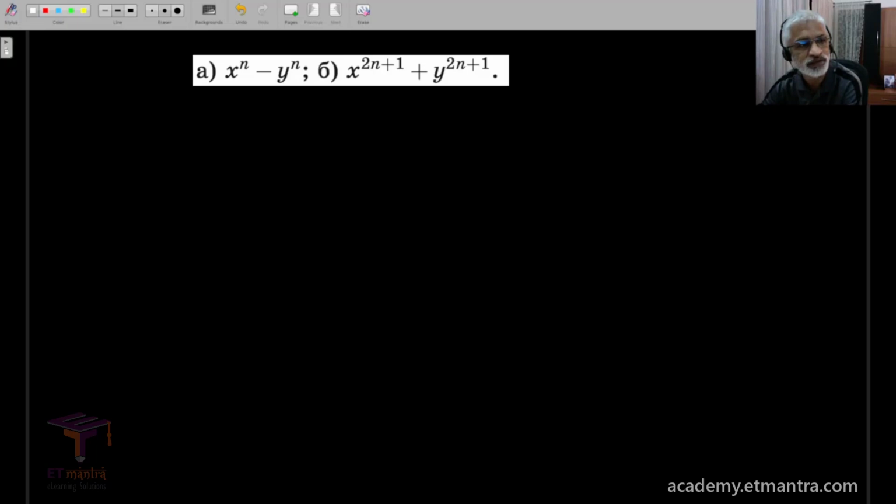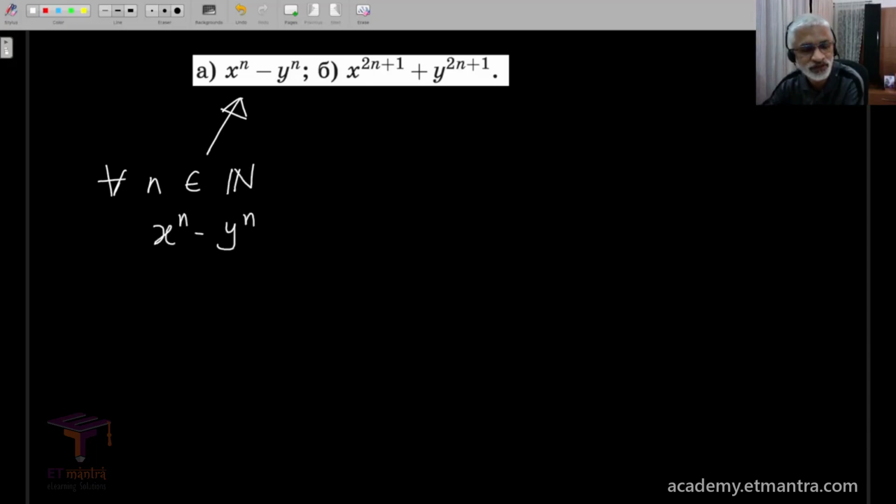The first one is always possible to factorize. That means for all n, which is an element of natural numbers, an expression of this form, x raised to n minus y raised to n, can always be factorized. And this is equal to, as we all know, x minus y. And the other factor is actually quite easy to remember because it is so symmetric.